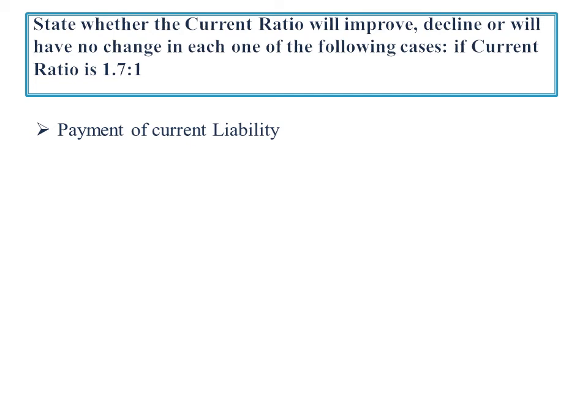Both the total current assets and total current liabilities are decreased by same amount as cash is paid to liabilities. So naturally current ratio will improve. Next transaction is sale of stock in trade at profit for cash. Okay.